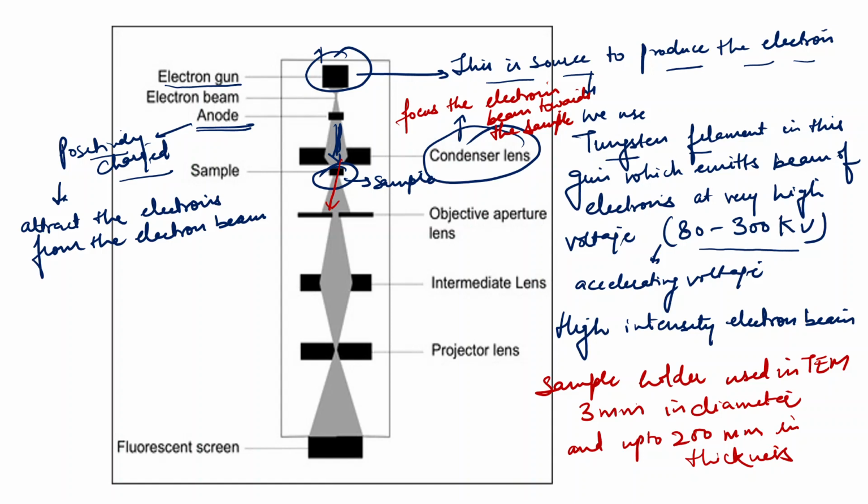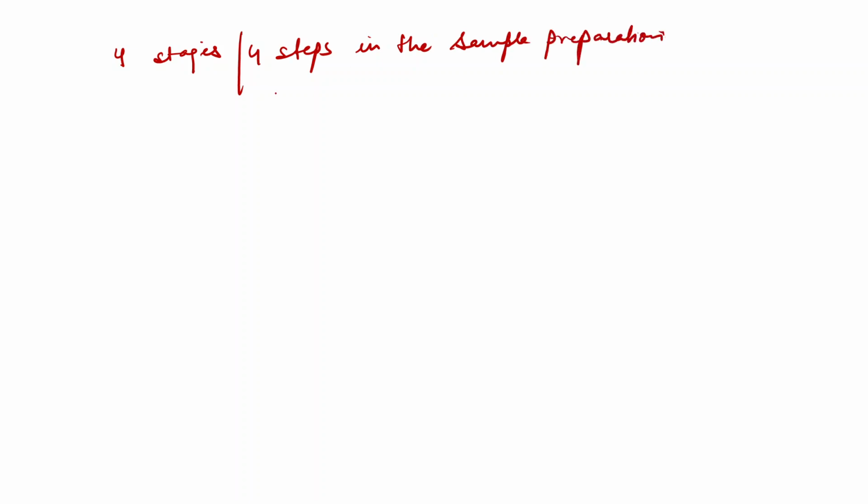So there are 4 steps in the sample preparation. Let me write it over the next slide. There are 4 stages, or 4 steps, in the sample preparation in TEM. First step is fixation of the sample.